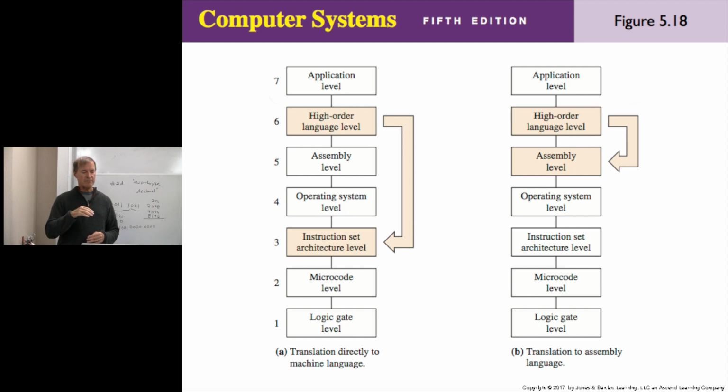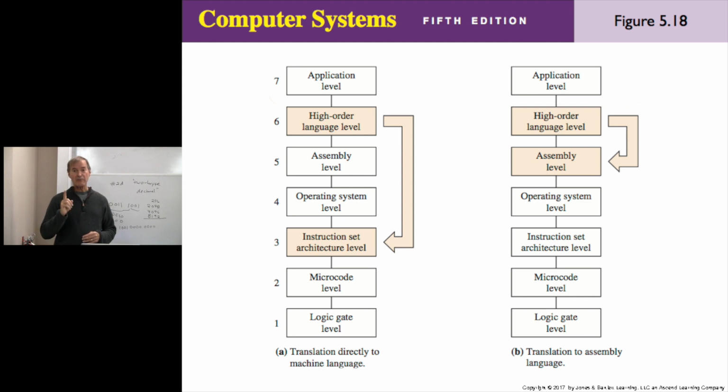We have type 1 in part A of the figure and type 2 in part B. In part A, the compiler translates directly from HOL 6 to ISA 3. Are you with me? But it's quite common for compilers to translate from HOL 6 to ASMB 5.